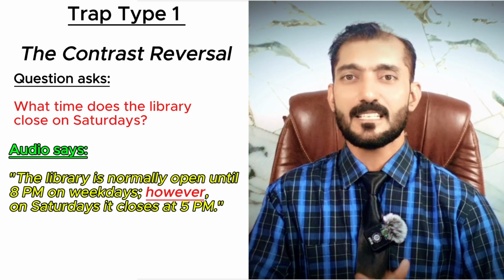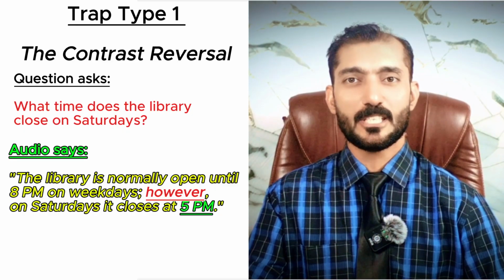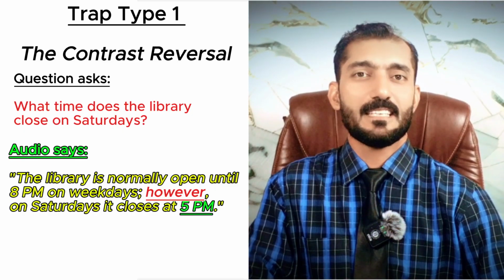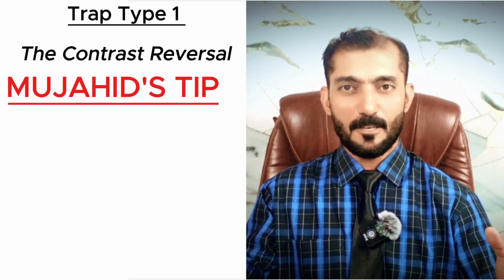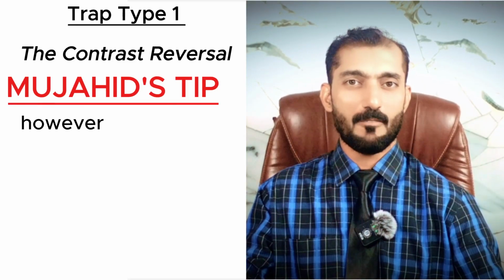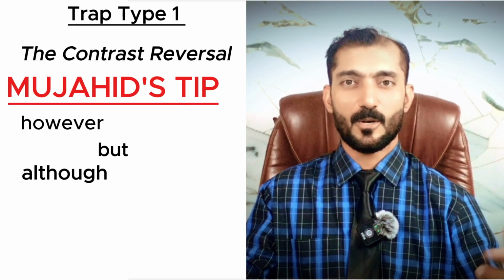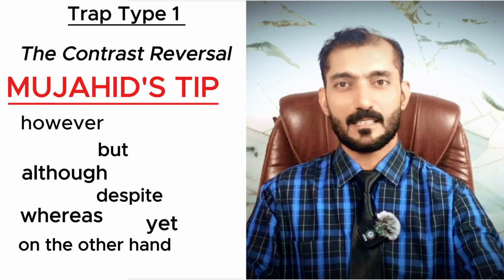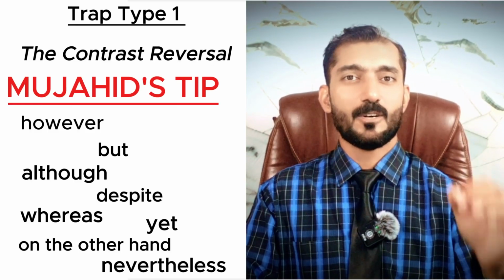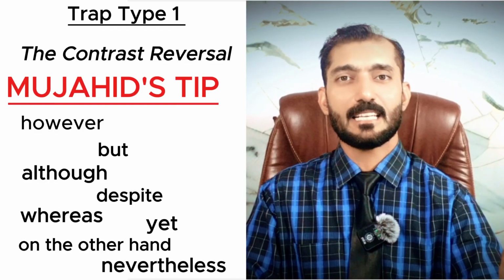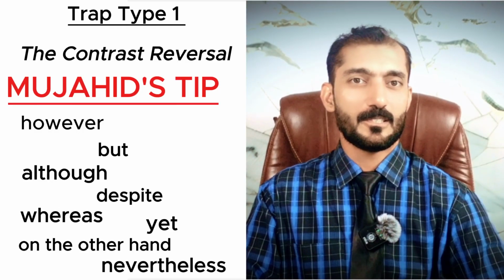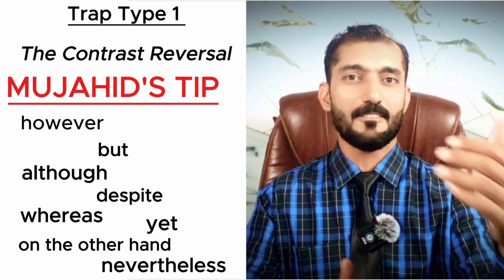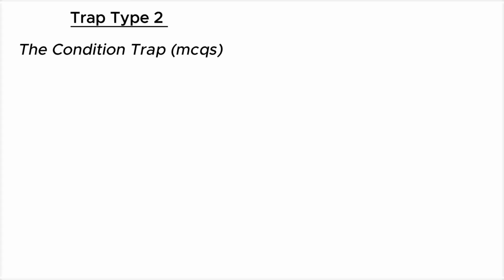So the answer is 5 p.m., because the question is about the closing time on Saturday and not weekdays. Whenever you hear words like however, but, although, despite, whereas, yet, on the other hand, and nevertheless, hold on and be attentive to what comes afterwards. The real answer almost always comes after the contrast words.